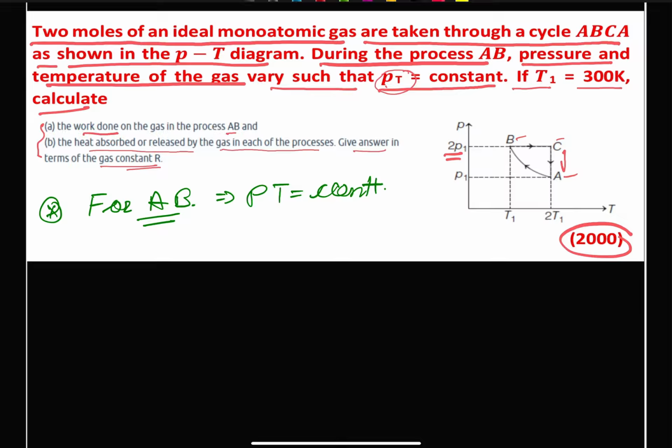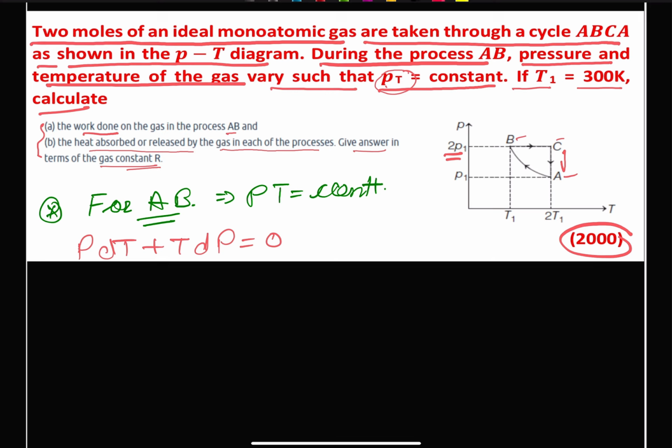Now if we do a differentiation of this equation, we can write this as P dT plus T dP is equal to 0. Okay. And now we are going to make use of the ideal gas equation.